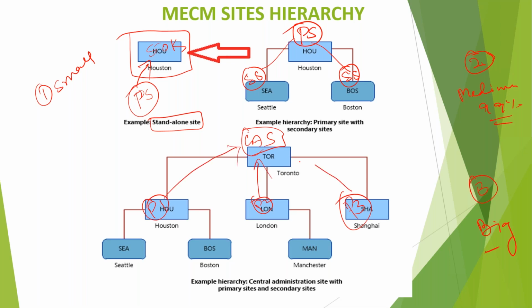So here you will have CAS, the central, the primary, the secondary, all of them. There are only three kinds of deployment we do in SCCM. Generally, we go with the second one, and our training will be on that one.